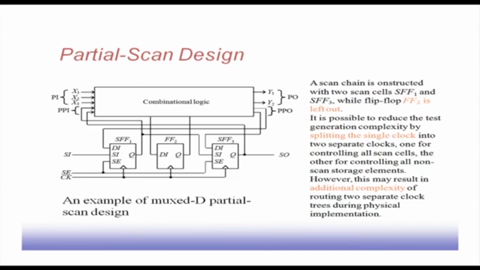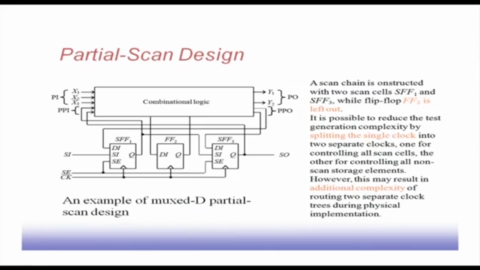As a result we get 2 different portions triggered by those clocks, and we can have the test pattern generator generate test patterns in the first case for the scan flip flop based portion. There it is a normal combinational ATPG, and for the other flip flops with the normal clock, it becomes a sequential ATPG. But the amount of job given to the sequential ATPG is less, because only a portion of the circuit will be given to it. As a result, it may do a good job.